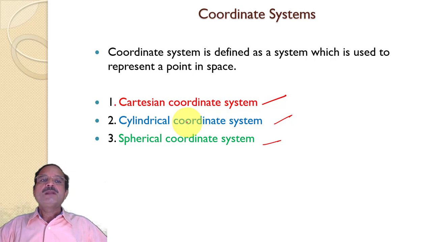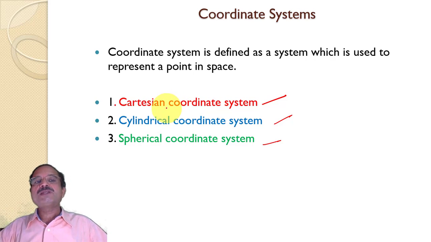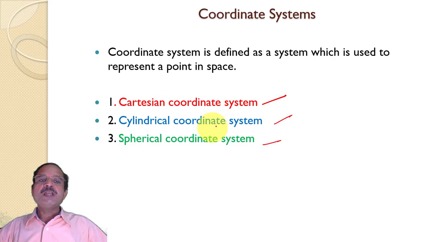For example, if I want to find the electric charge distribution inside some classroom, it is more convenient to use the Cartesian coordinate system, because each and every shape is rectangular. In that case we will apply Cartesian coordinate vector analysis. Whereas if I want to find the electric charge distribution in an object which is cylindrical in nature, then we will make use of the cylindrical coordinate system.